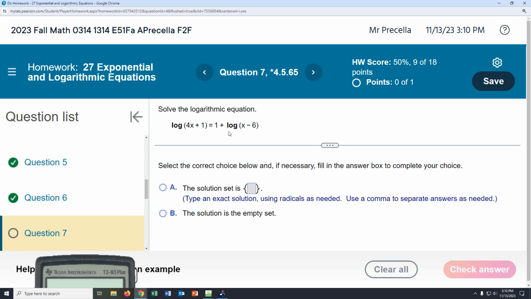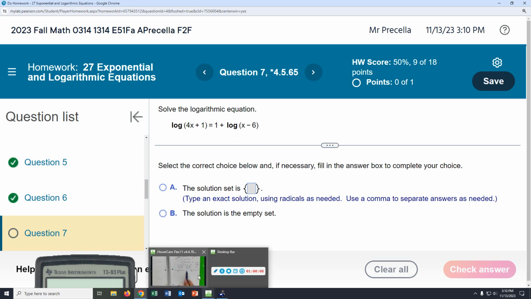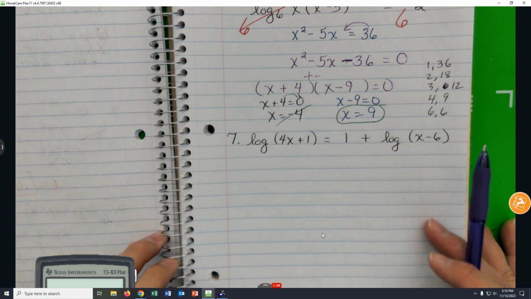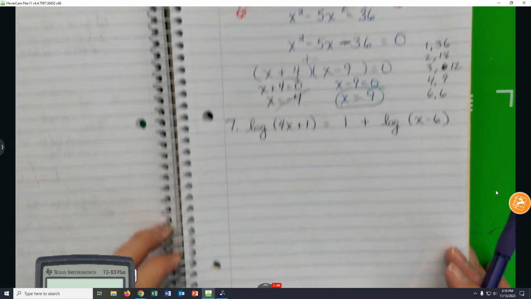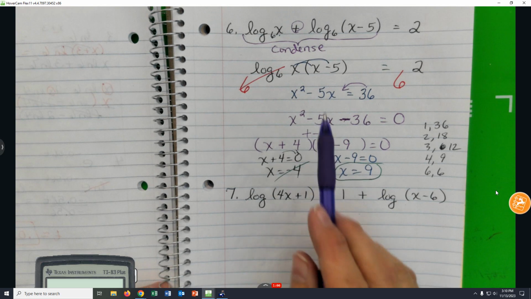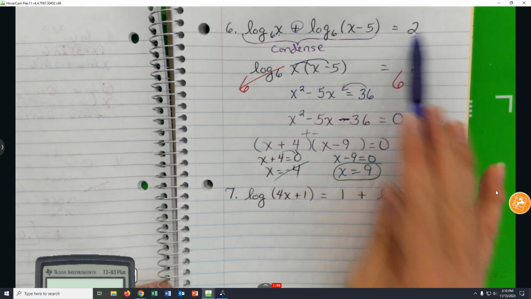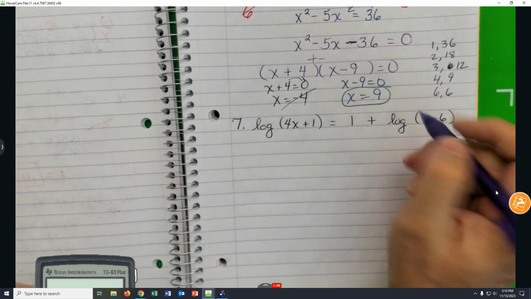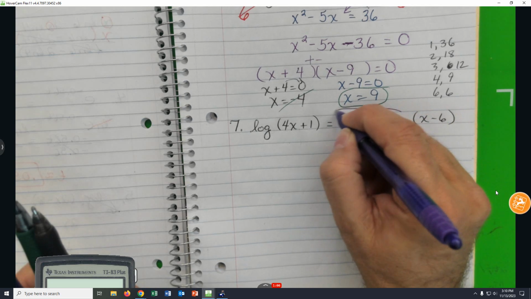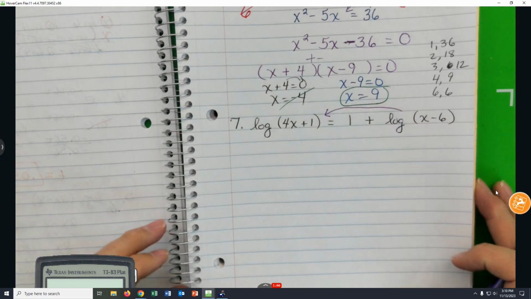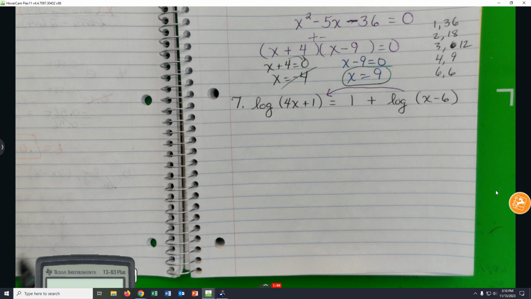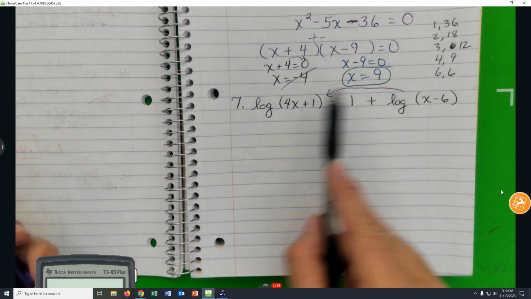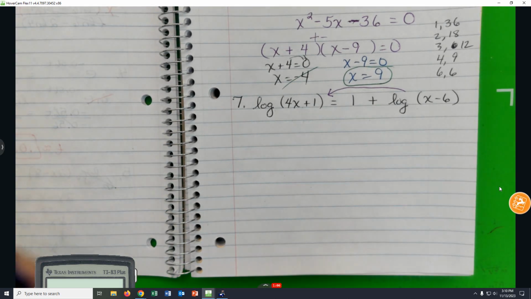So, now follow the logic here. We're going to try to make number 7 look like number 6. Log equals a number. Well, what am I trying to say I'm doing? I'm going to subtract log x minus 6.